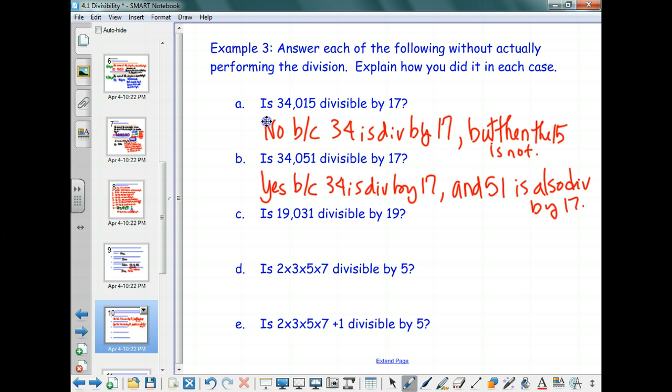What's 51 divided by 17? It's 3. Yeah. Okay. C is almost identical, agreed? To part A, actually. So is 19,031 divisible by 19? No. Why not? So 19 is divisible by 19, but what? But 31 isn't.